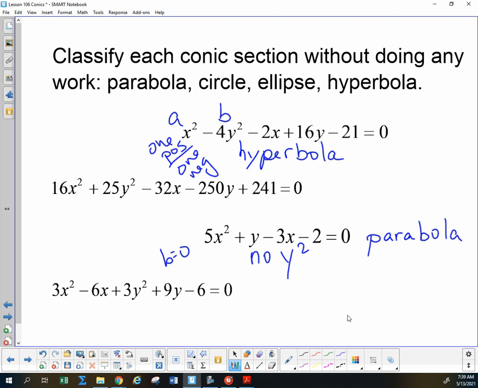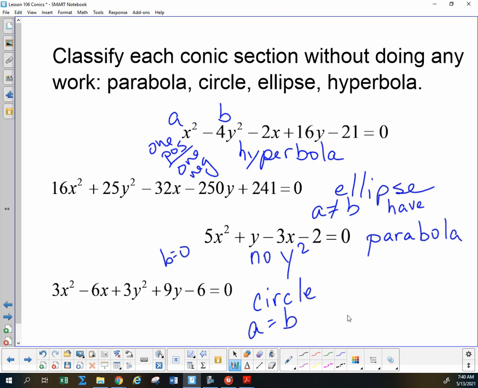Which one do you think is going to be which on that, Ryan? So last one, a circle. Why? X squared and y squared, their coefficients are equal. So this one is a circle because the x and the y coefficients are equal to each other, which means this one must be an ellipse, which means that we have a and b not equal to each other, but they have the same sign, both positive or both negative.